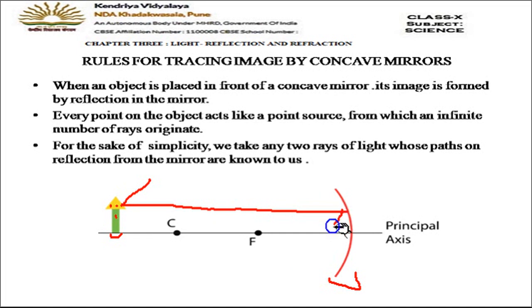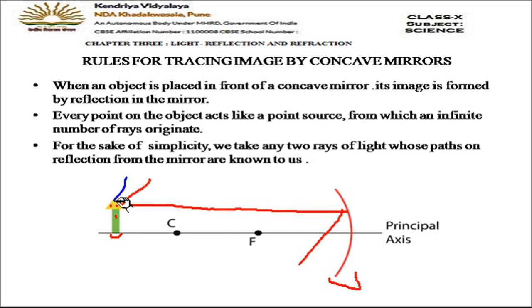When light gets reflected, it will go in any of the directions according to the laws of reflection. So you can consider that the object is made up of very small point objects, and light gets reflected from each and every point of the object.